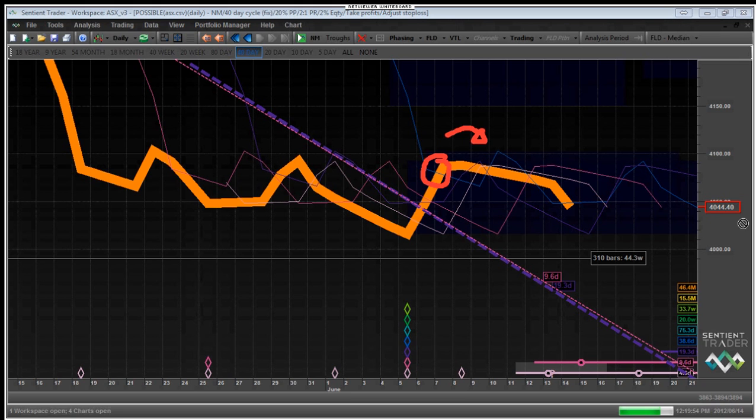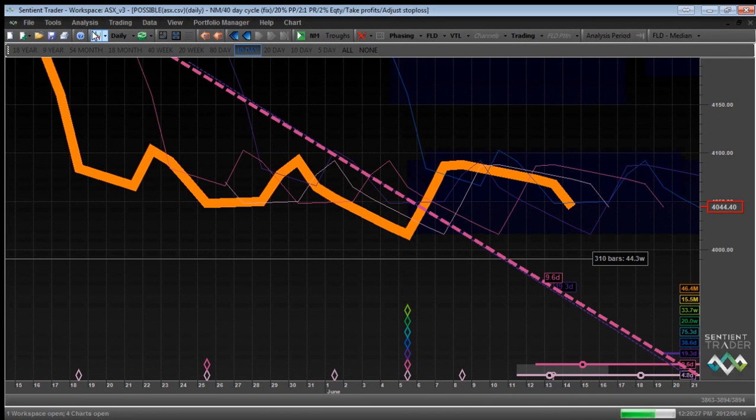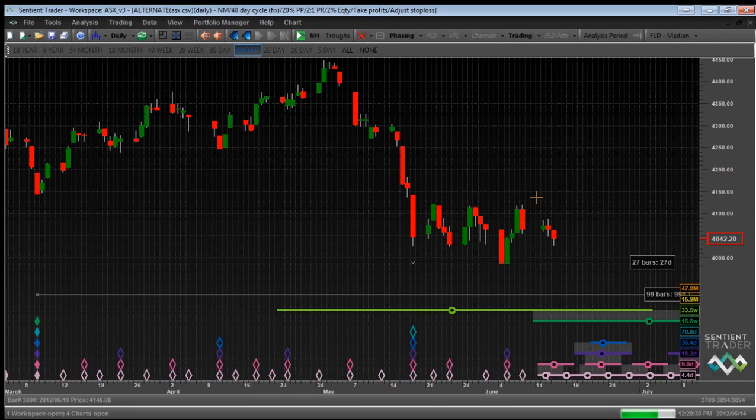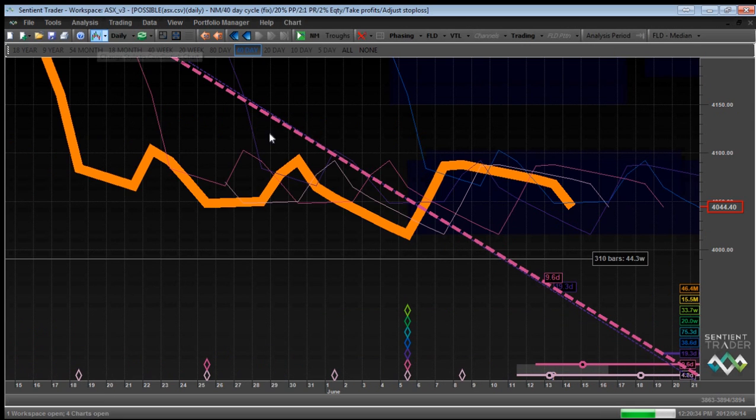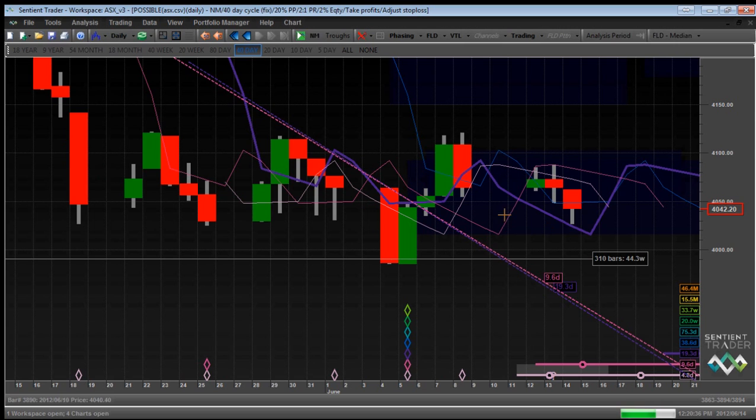After it has crossed the FLD, you make trading decisions for the next bar, which in this case would have been, and let me just flash up the candlesticks, there we go. You can see that price in fact crossed the 40-day FLD on the Thursday.